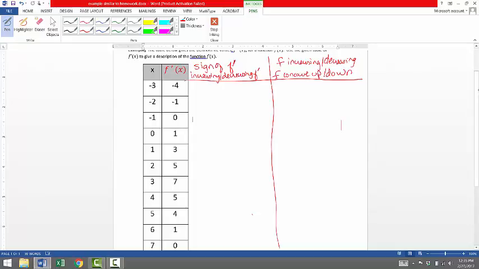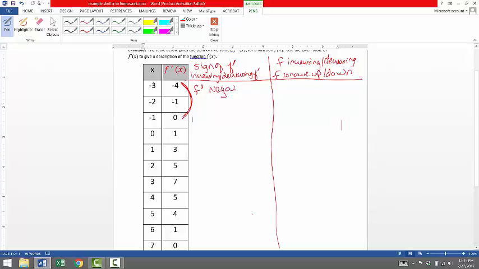All right, now I'm going to look at the actual values in my table of f prime values, and I'm going to note intervals of distinct behavior. The first interval of distinct behavior is the f prime values from -4, -1 to 0. I call this a distinct set of behavior because on this entire interval, f prime is negative.